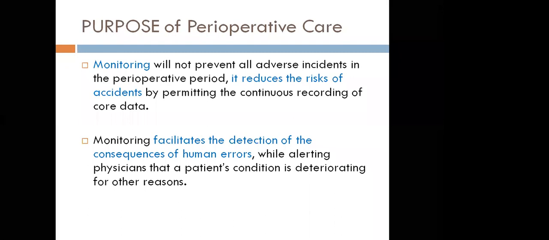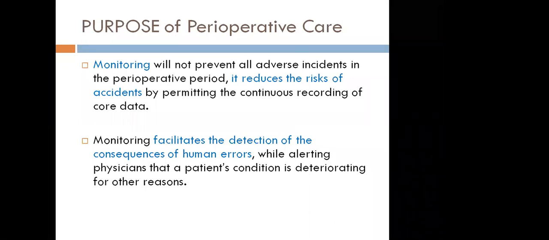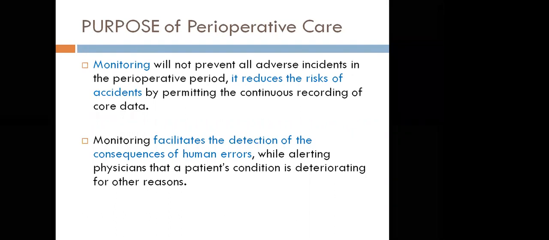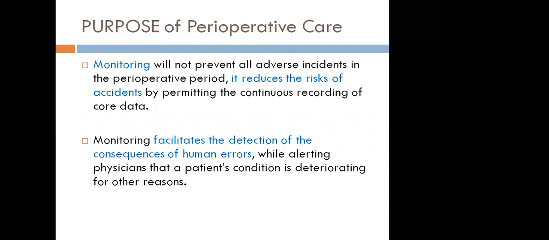So, the important aspect is monitoring. Monitoring will not prevent the adverse event, but it reduces the risk of accident by early prompting of the staff, by facilitating detection of consequences of human error. So that is the purpose of perioperative care.